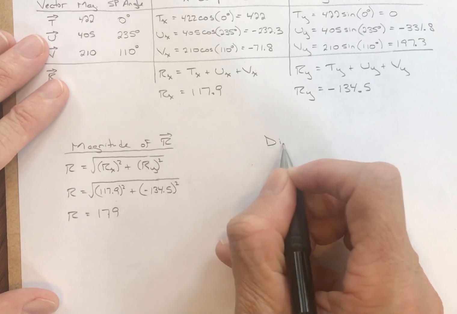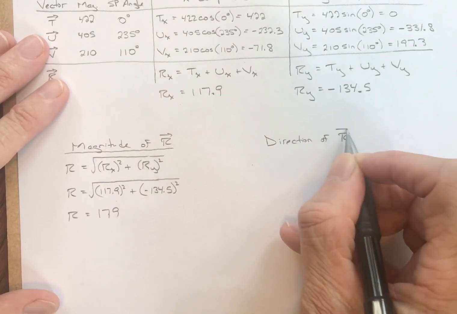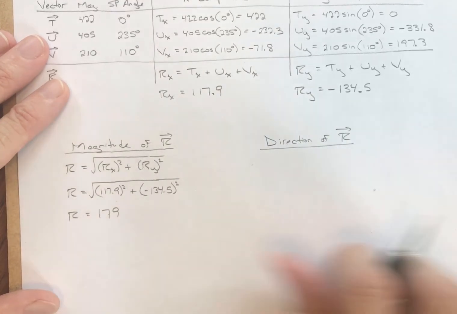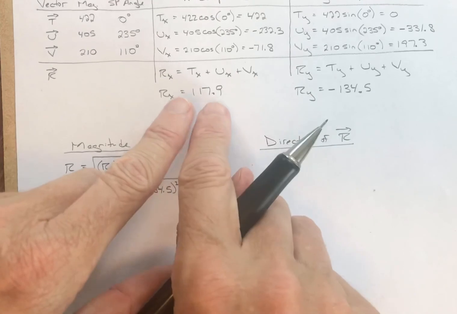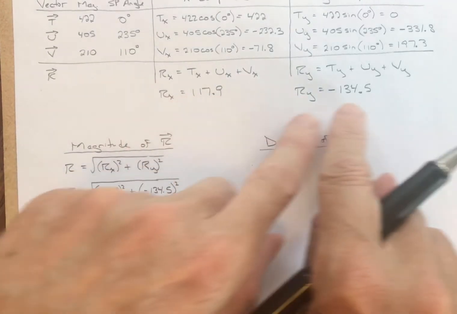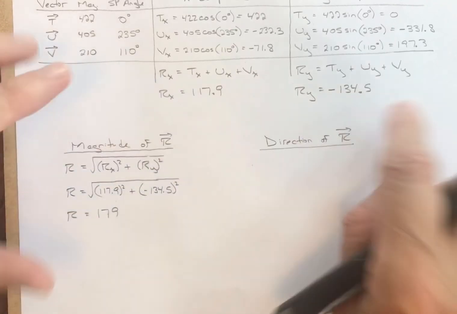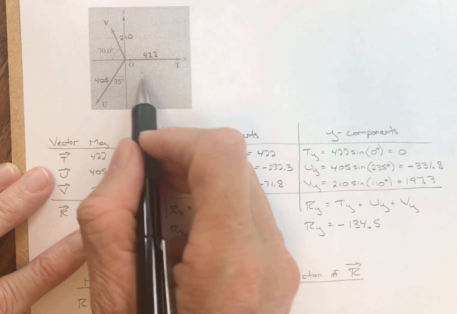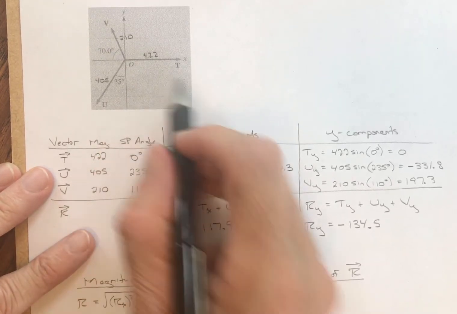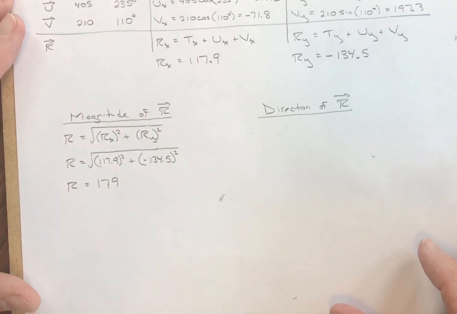What is the direction of the resultant vector? Well, again, we're right here. This time we're going to find our reference angle. Now notice, x is positive, y is negative, so we're in quadrant 4. If I go back up to here, quadrant 4 has a positive x and a negative y right here. Okay, so we're going to make use of that knowledge.